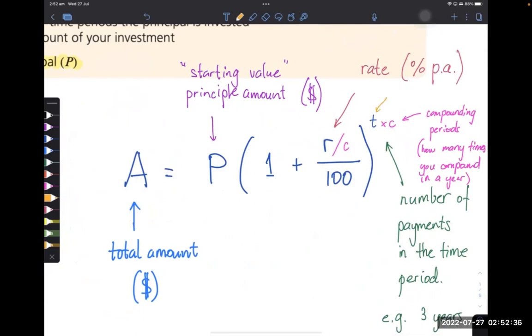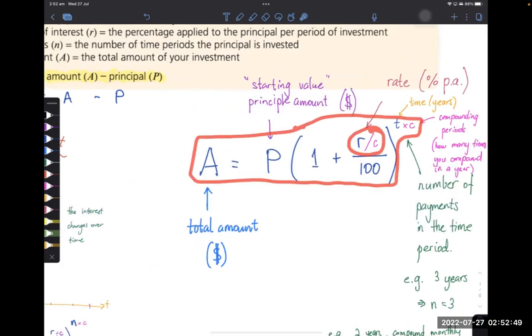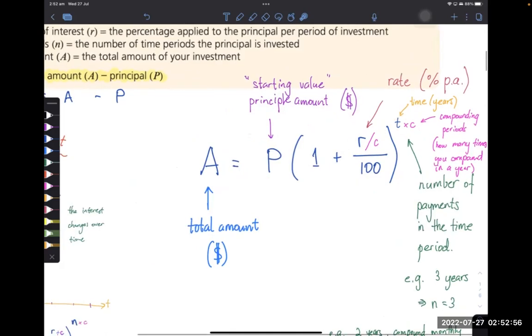The T here represents the time. Remember, the time is always in years. Okay, so maybe let's try to use this now. It's just got a little bit more added on, but it's got more information.